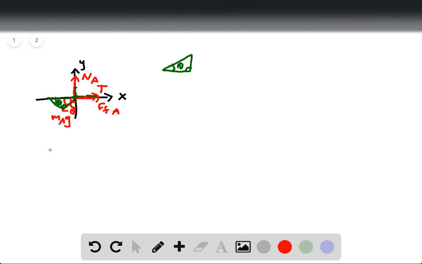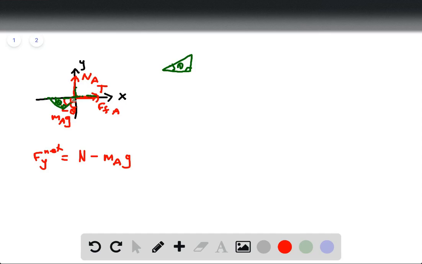So we can write down an equation for the net force in the y direction, which will be 0, because there's no acceleration off of the surface of this plane. So N minus the component of mg in the y direction.